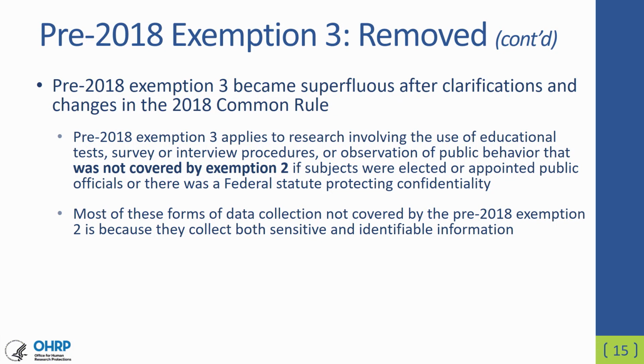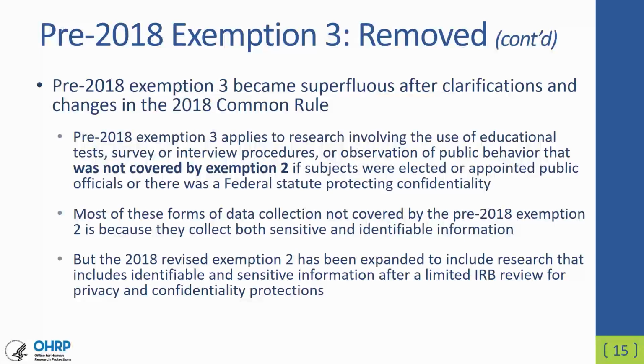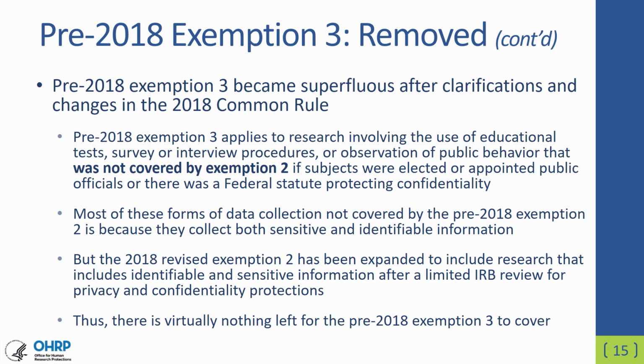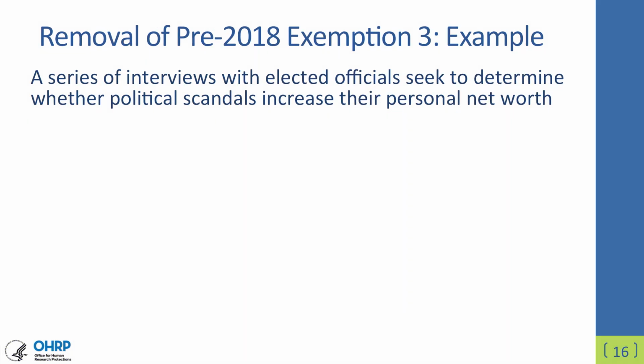However, most of the research that will not qualify for Exemption 2 is because it collected information that was both sensitive and identifiable. But now that the revised Common Rule has expanded Exemption 2 to cover the collection of information that is both sensitive and identifiable, if there is a limited IRB review, there's virtually nothing left for Exemption 3 to cover. So let's look at an example of this removal.